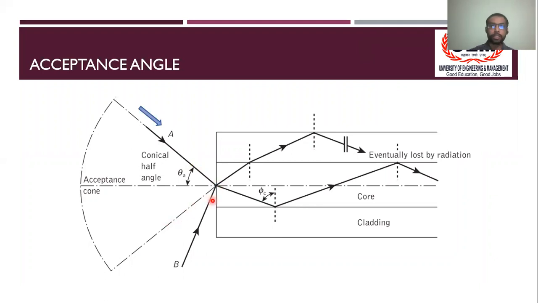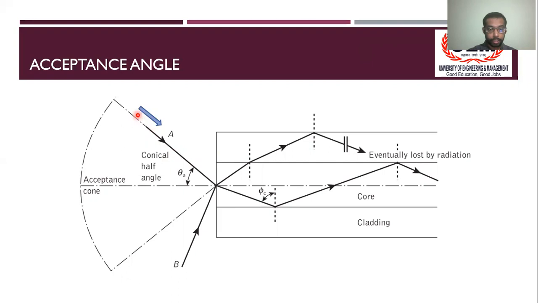So the light may follow multiple paths, not only a single path. But here we have taken only two paths, with which we will see how this acceptance angle is actually required. So first let us consider the path A, as we see in the diagram.